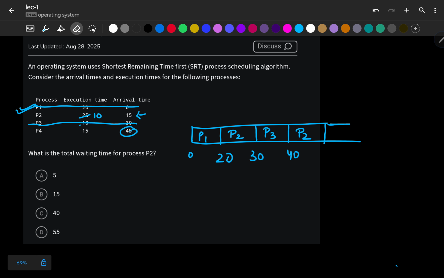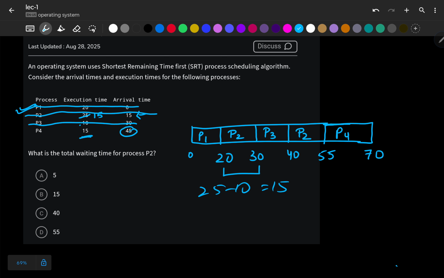Sorry, I have made some mistake here. It will be 15, because earlier P2 was run for 10 units and 25 minus 10 is 15. So P2 will run for 15 units. 40 plus 15 will be 55. Till the time of 55, P2 will run. So now P2 is also completed. Only P4 is left. For the remaining time, P4 will run for its execution time of 15. So 55 plus 15 will be 70.